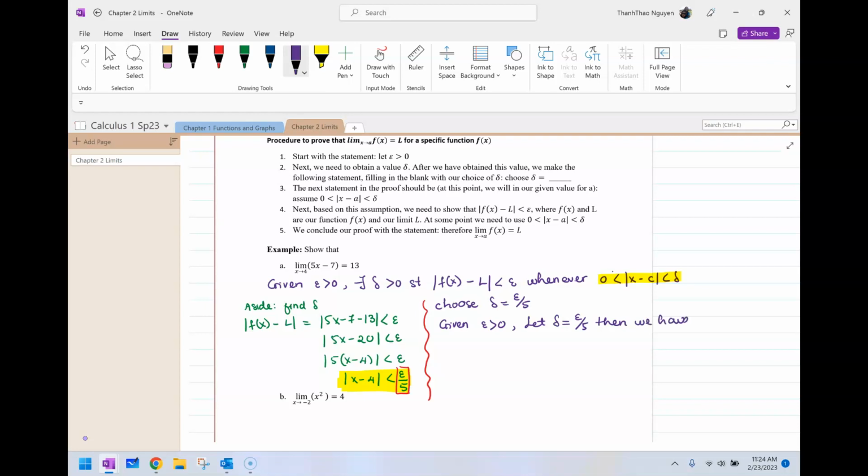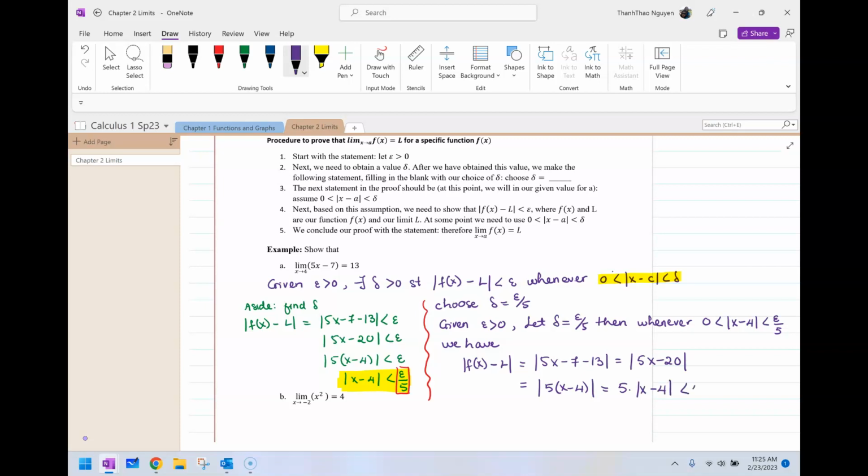Then whenever 0 is less than the absolute value of x − 4, less than epsilon over 5, we have, and we will manipulate this function, |f(x) − L| = |5x − 7 − 13| = |5x − 20| = |5(x − 4)| = 5|x − 4|.